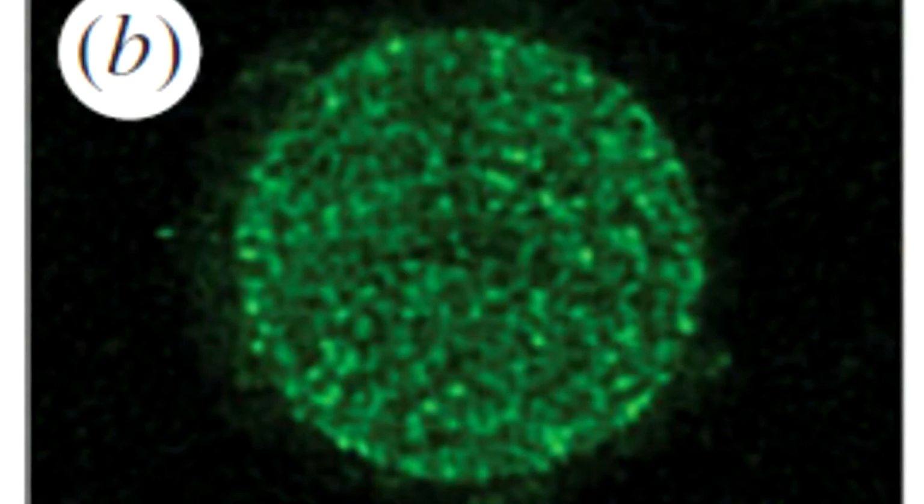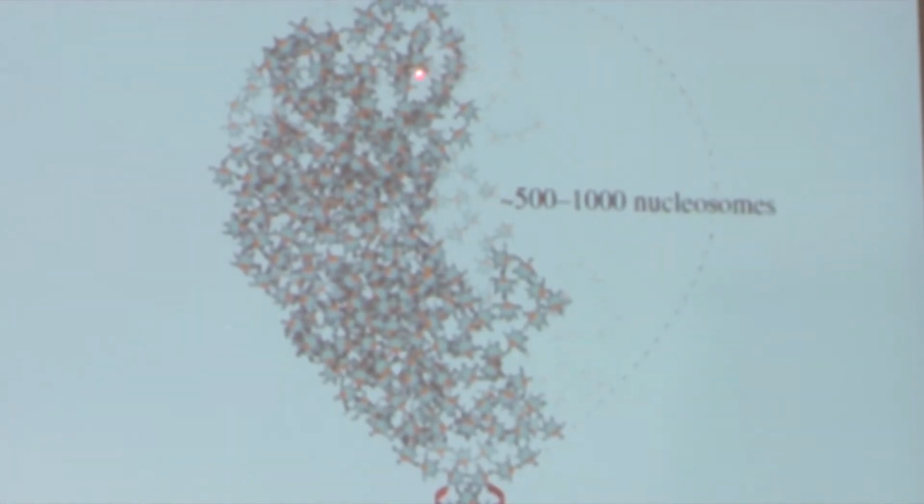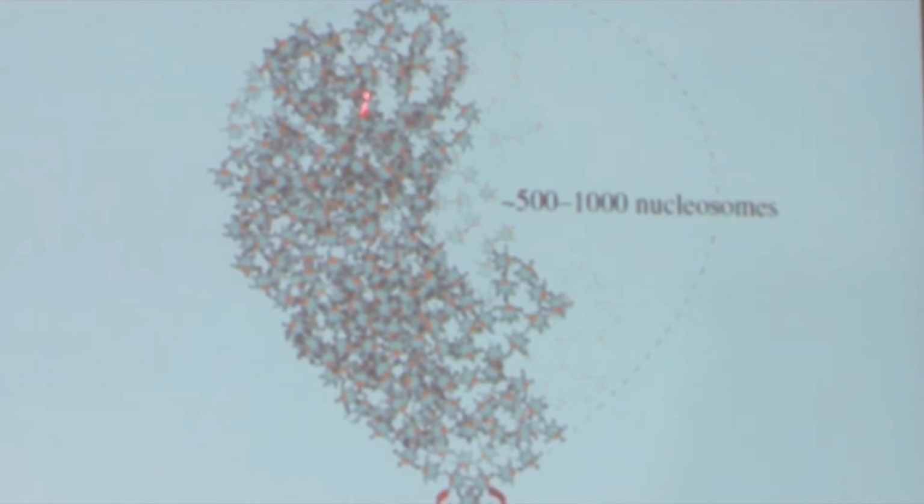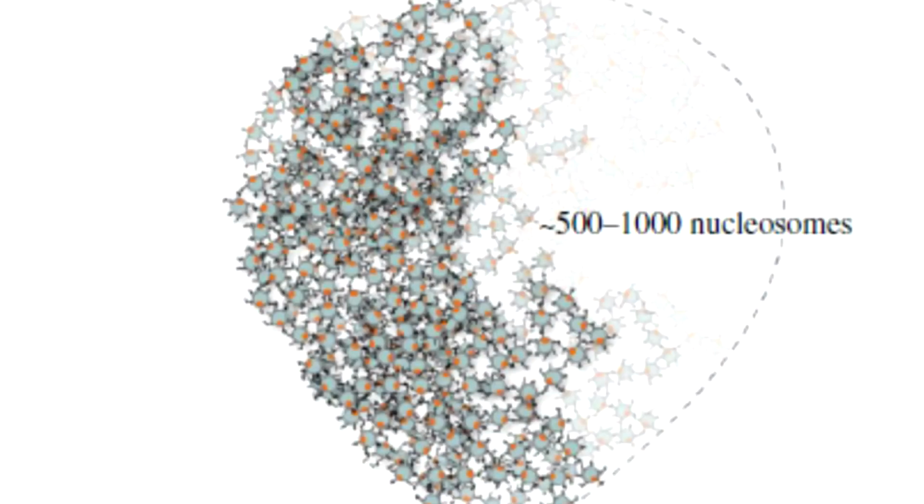Each of these puncta corresponds to a globule of approximately 200 nanometers in size. The model they put forth starts off as a loop, but the important point is that these loops are really a globule of very densely packed nucleosomes, 500 to 1,000 nucleosomes per each one of these puncta.